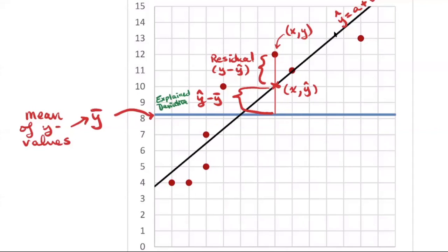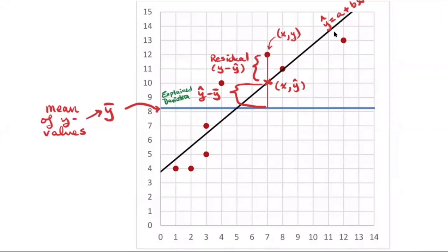Basically, the idea is you tell me how many weapons are in a city, and I will use that to explain the murder rate.